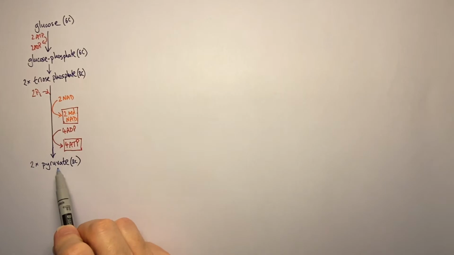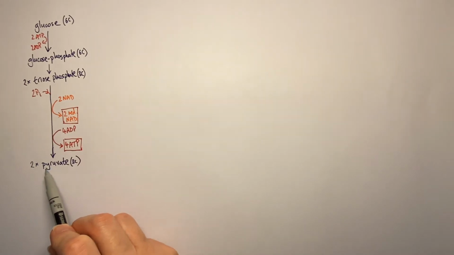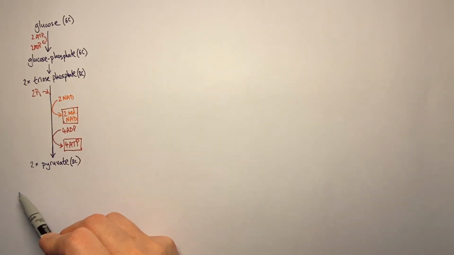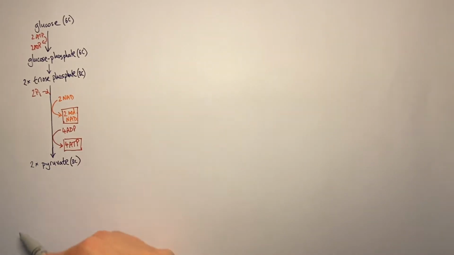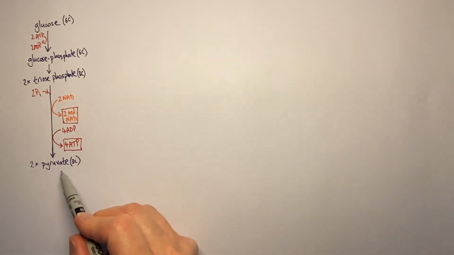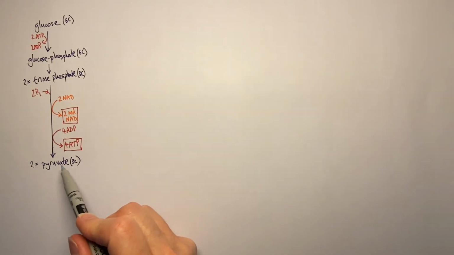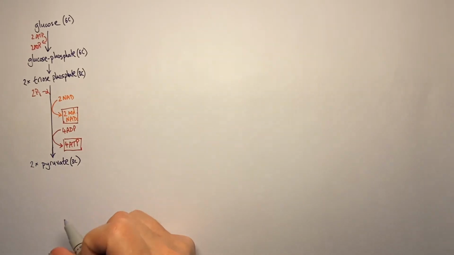Now pyruvate can go one of 2 ways. If there's no oxygen present, it can go to anaerobic respiration, which if we have time I'll put down here. But if oxygen is present, pyruvate is actively transported into the matrix of the mitochondria.